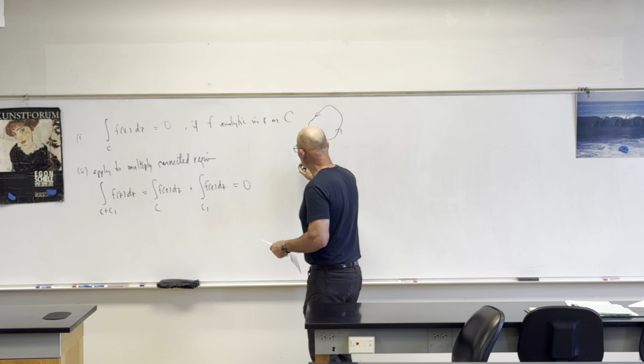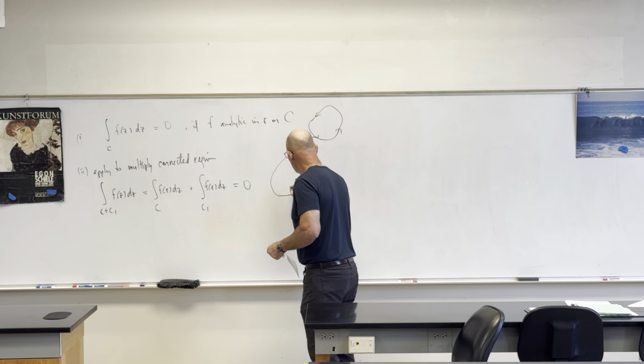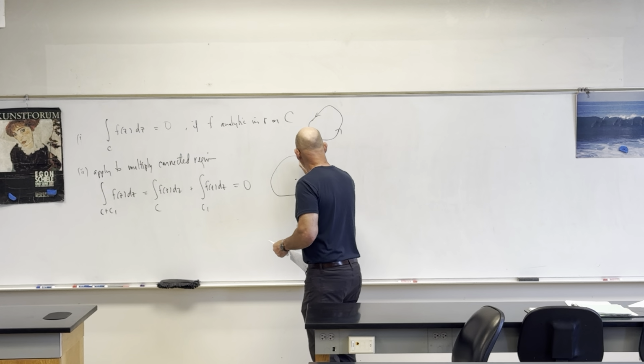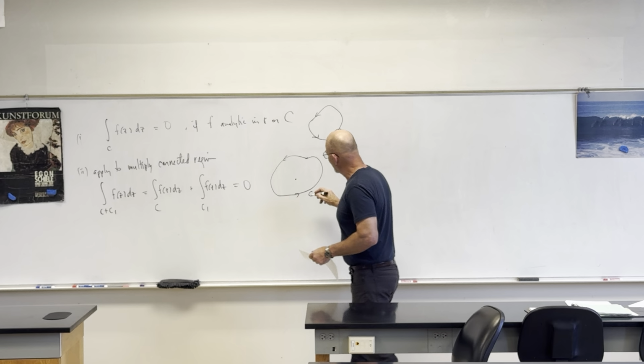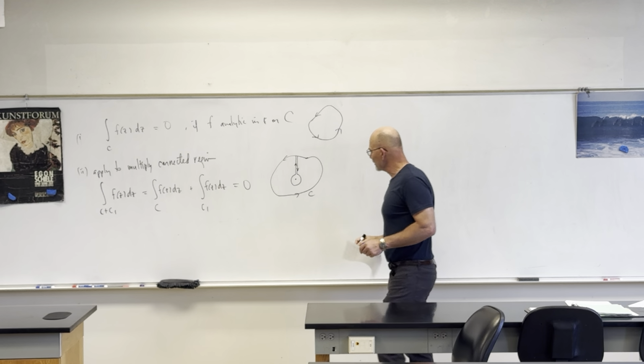So now the multiply connected region, this was just one hole in it. C was the outside, but at some point you had to go in here, go around clockwise, and leave along the same path you came in.